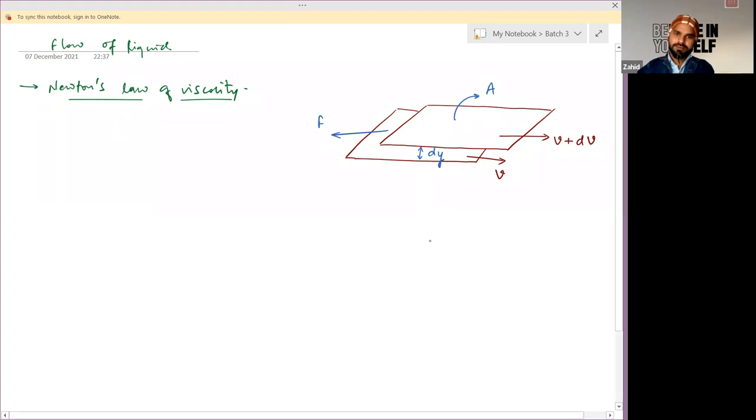Let me define this. In physics, we use two terms. First is rate, meaning change of a particular quantity divided by time. Similarly, gradient is the change in a particular quantity with respect to length.